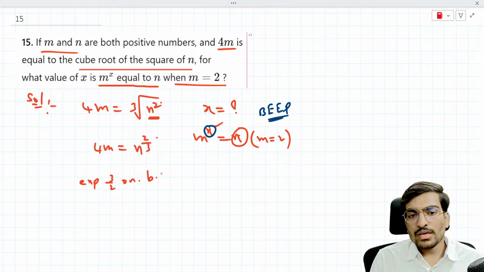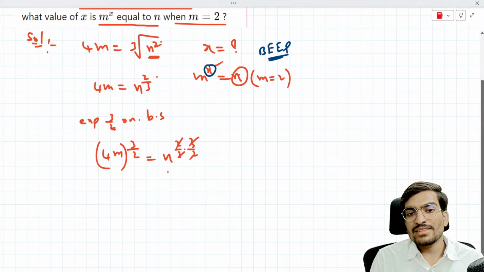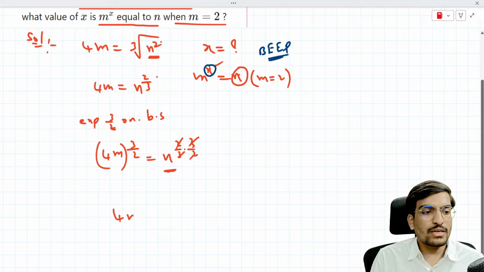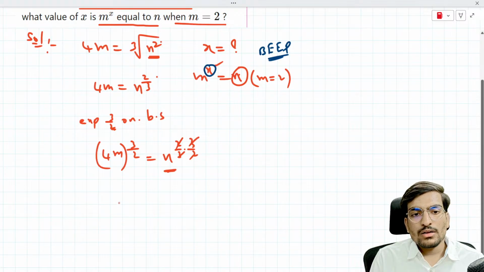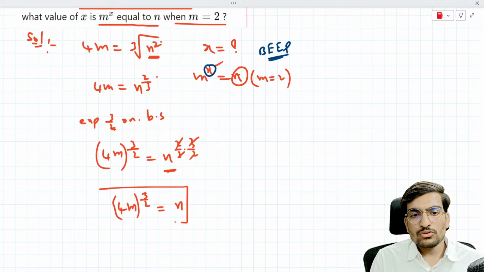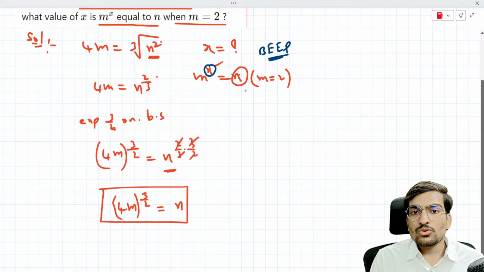If we do this, 4m whole raised to the power of 3 by 2 equals n raised to the power of 2 by 3, and the 3 by 2 just cancels out. That's why we did 3 by 2 on both sides, so that we get the value of n. So 4m raised to the power of 3 by 2 equals n. Finally we got the value of n, which is what we are looking for.